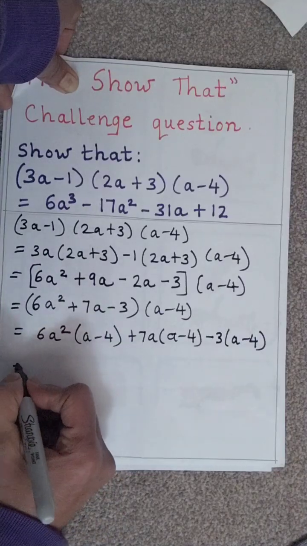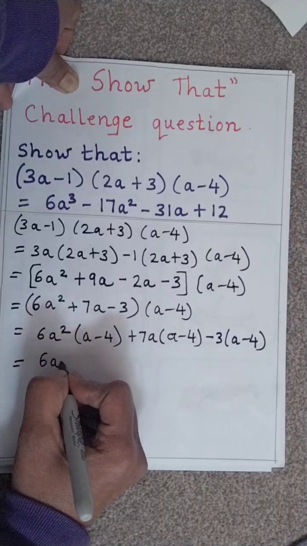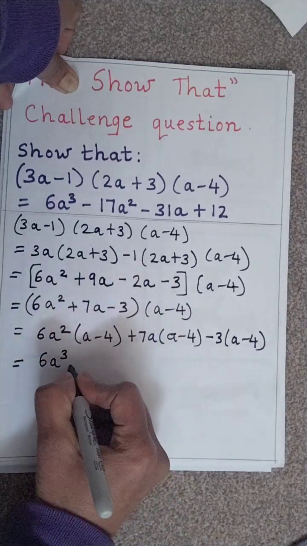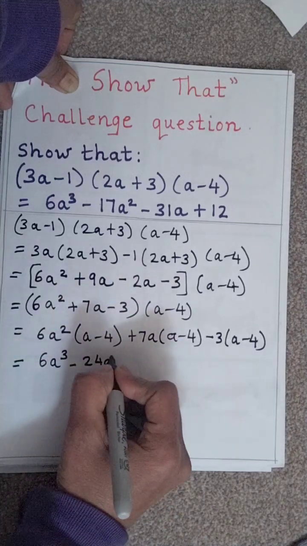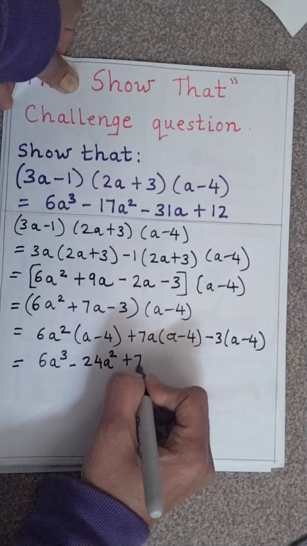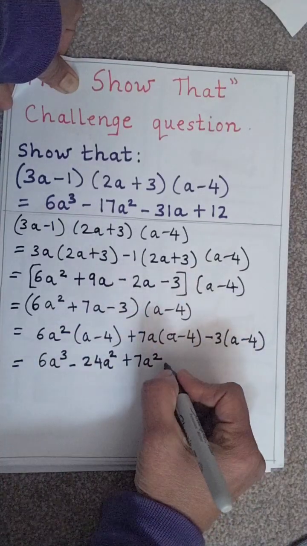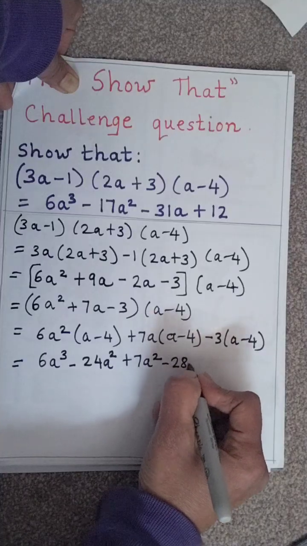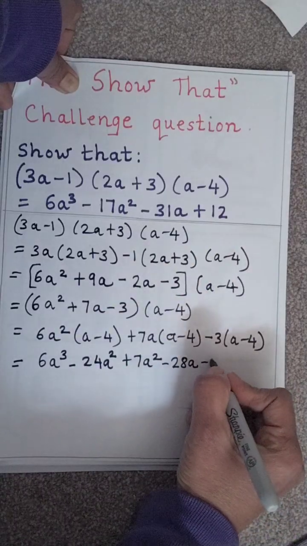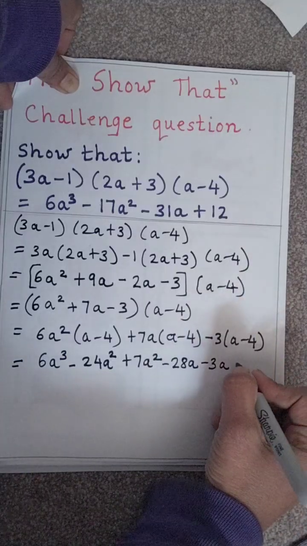Okay, just open the brackets now. So 6a square times a is 6a cube, 6a square times minus 4 is minus 24a square, plus 7a times a is 7a square, plus 7a times minus 4 is minus 28a, minus 3 times a is minus 3a, minus 3 times minus 4 is plus 12.